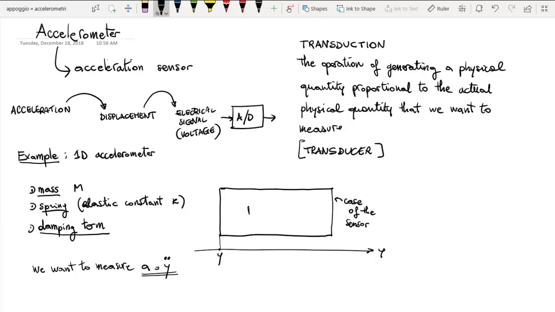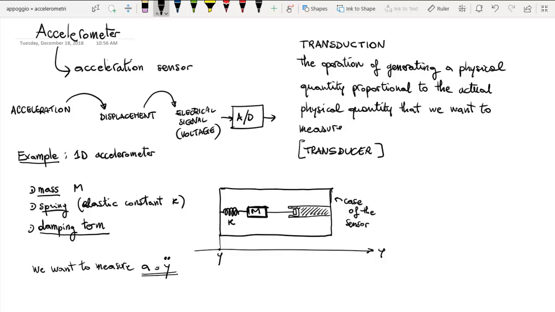Then, in the case, we have this mass, which is connected to the case through the spring, so the spring with constant K. And then we have this damping term, which typically mechanical engineers draw like a sort of piston with some oil so that it really damps the oscillation.